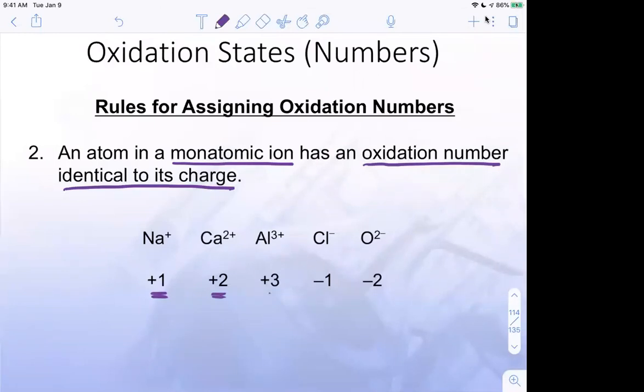Aluminum has an oxidation number of +3. Chloride or fluoride or bromide or any of those halide ions have oxidation numbers of -1. Oxygen is always a -2. Well, always is a strong word. We're going to see an exception to that. Oxygen is almost always -2 in an ionic compound, or when I see oxygen, actually.